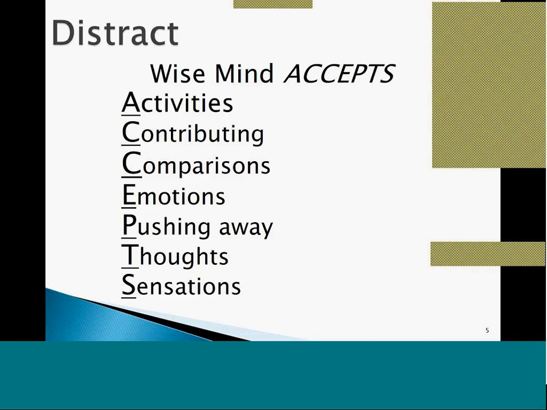Okay, so some of these might be pretty obvious to you, but I want you to think about in your own mind different ways in which you might do this that are actually more adaptive for you. So one way in which we can distract is to do something active. Doing something to take your mind off the stress. So it could be things like exercising, which we'll come back to later, doing a particular hobby.